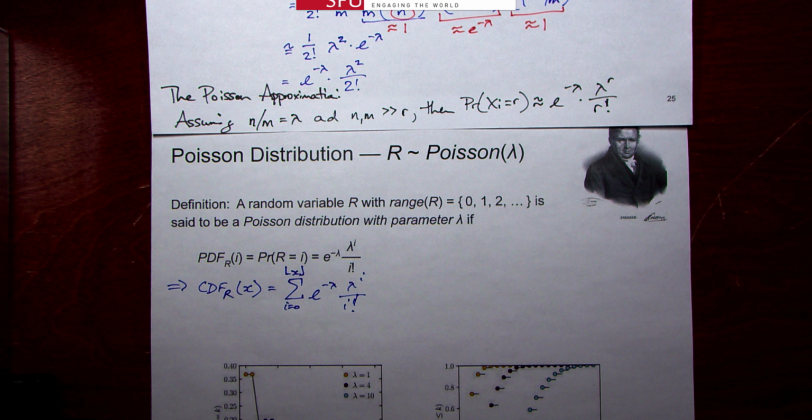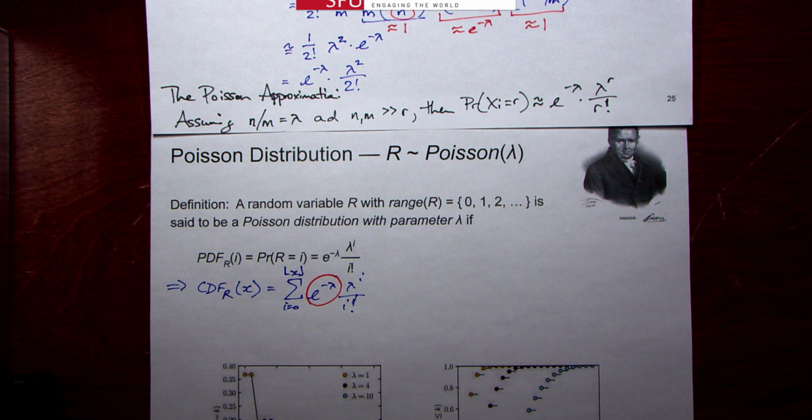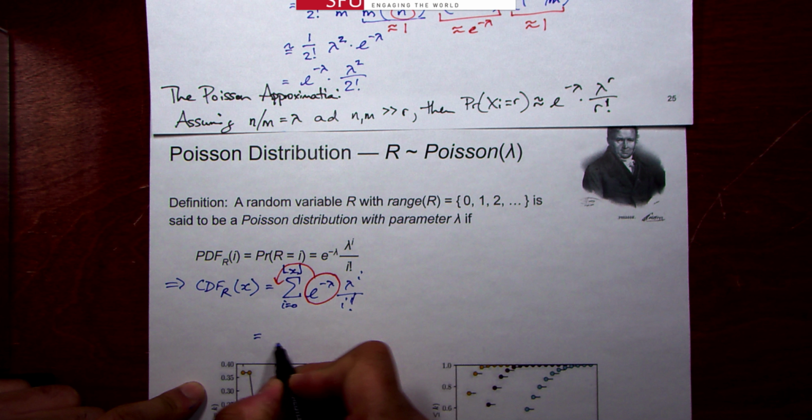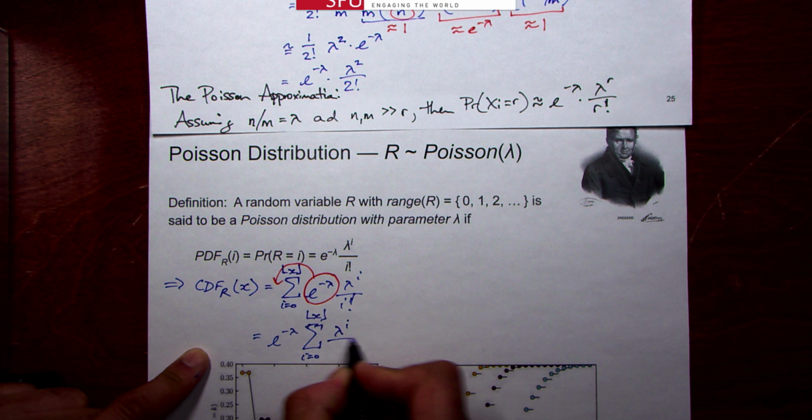Of course, e to the minus lambda is a common factor, since it's not parameterized by i, so you can bring it out and write the sum a little more simply: lambda to the i over i factorial.